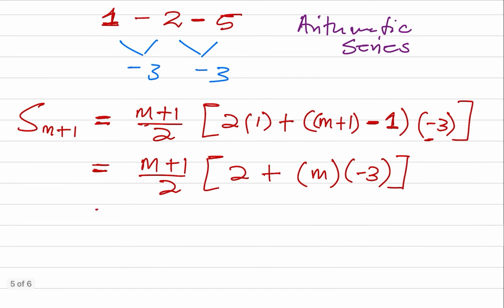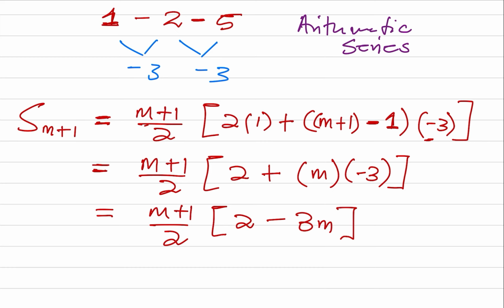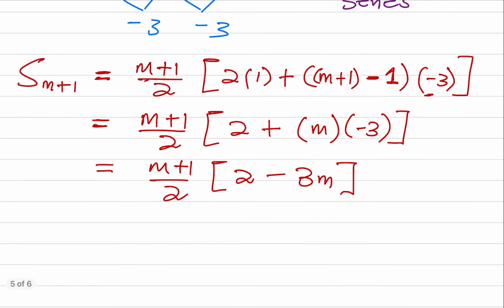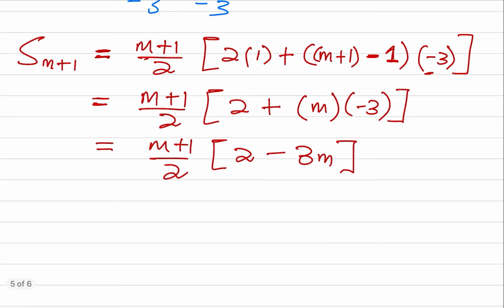Now if we continue, we have m plus 1 divided by 2, then this is 2 minus 3m. We close the bracket like that. Are we happy with this?